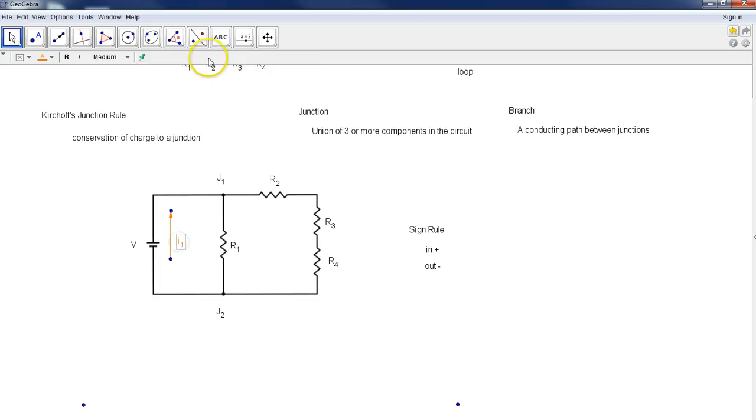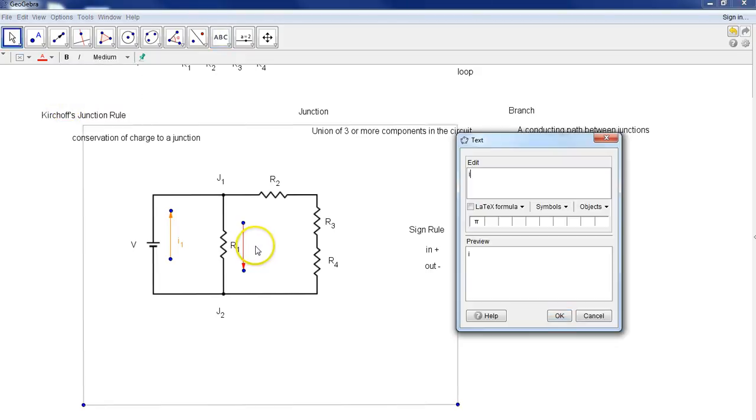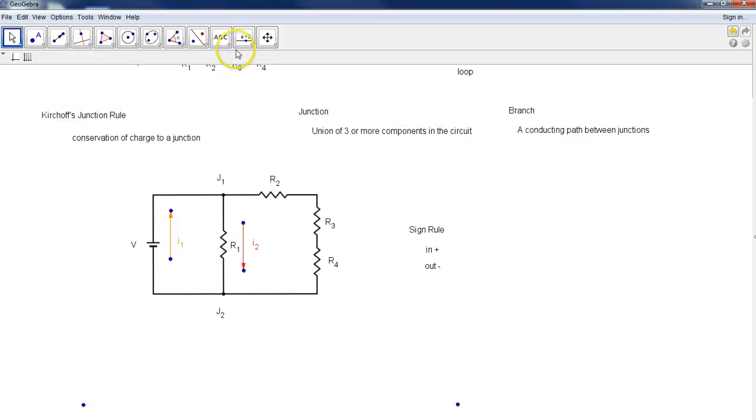So that's my current 1. We'll let this one be I2. And then the last one we'll let be I3.